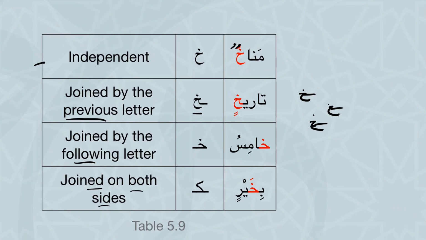So how would I pronounce this? It's ta with nothing, but there's an alif, so it's ta. Re with nothing, but it has a ya after it, so it's tari. And the kha has tanween kasra, so it's tarikhin. Tarikh in general means history, and can also mean date, like today's date.